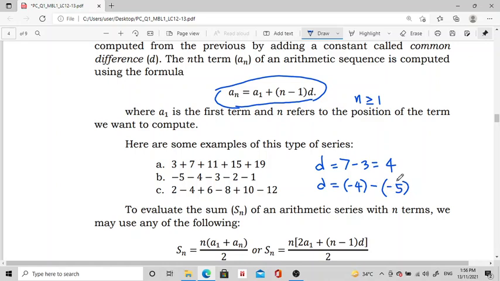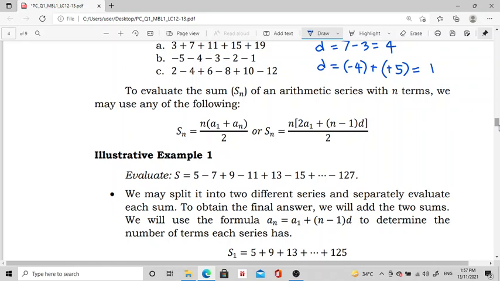So, we flip this sign. It becomes positive. And then we proceed to addition. That is positive 1. So, our common difference in B is positive 1. So, for letter C, pwede nating i-break down yan into two arithmetic sequences. But we'll save it for later. Alright?